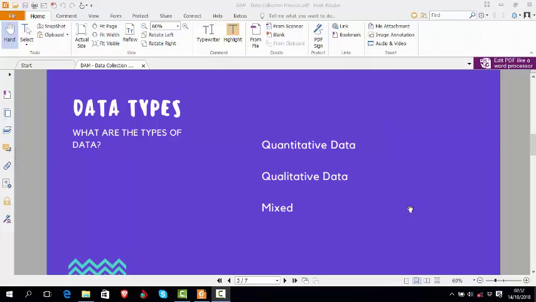The cool thing about mixed data is that it gives strength to your analysis. So take for instance, I ask a school head or a school teacher, how many teachers do you have? And that person tells me I have 20 teachers.